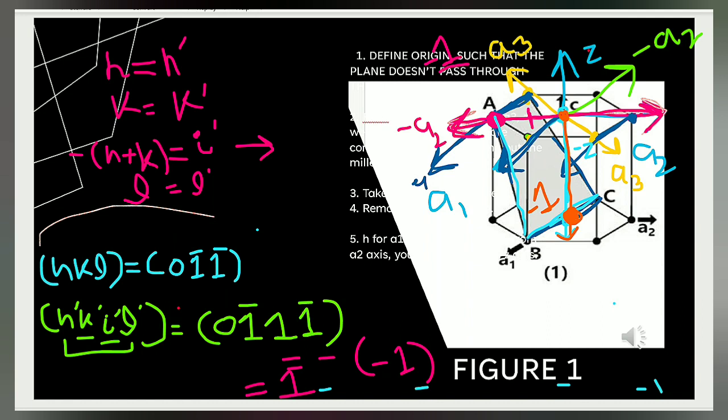The only difference between the Miller indices and the Miller-Bravais indices for planes in HCP is that there is an additional index, that is I, or I prime, whatever notation you are using, which is equal to the negative of the sum of the a1 index plus the a2 index. That is as simple as you can see here. This method will remain the same for any kind of plane.